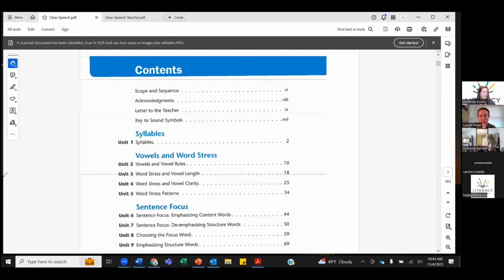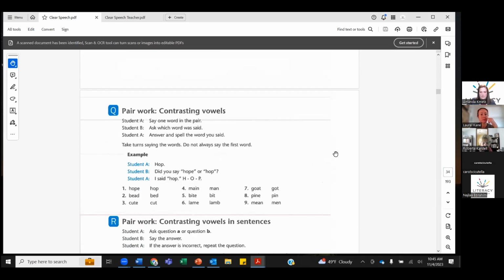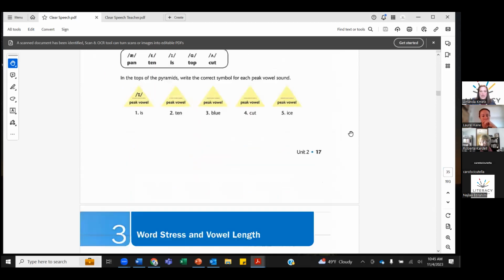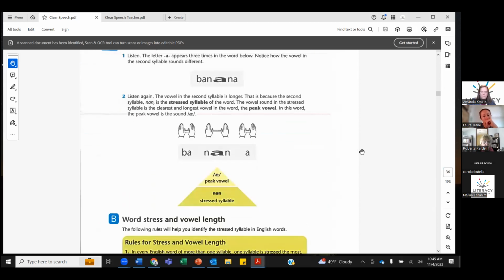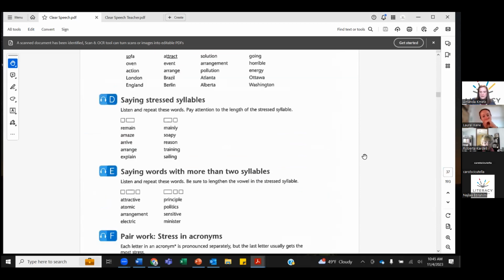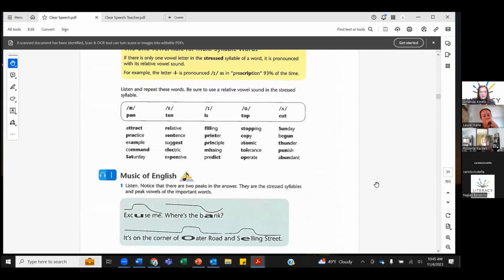So one of the things that you will see throughout the book is, and here's one on page 31 here, at the end of some of the units, there'll be these little vowel work sections.